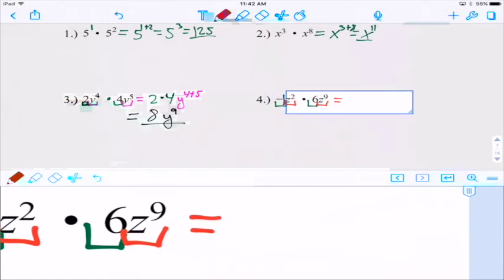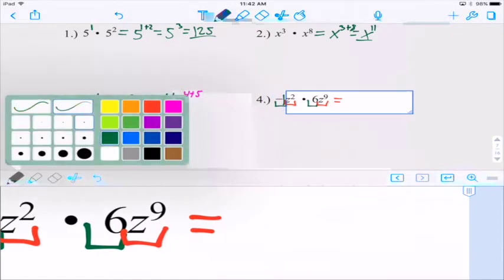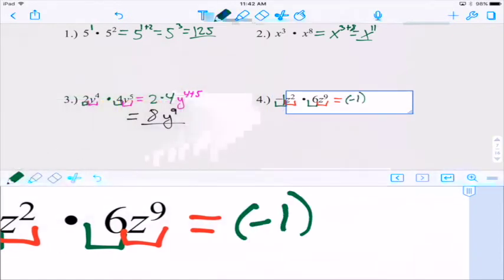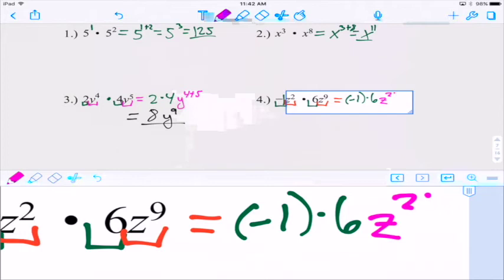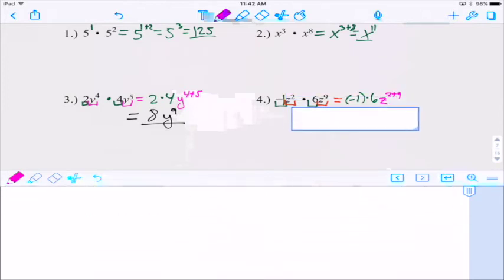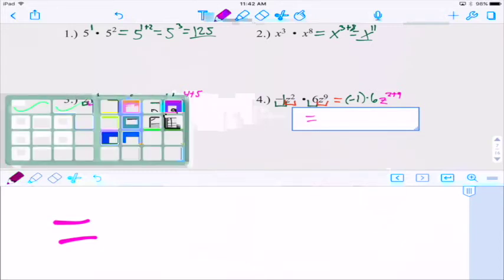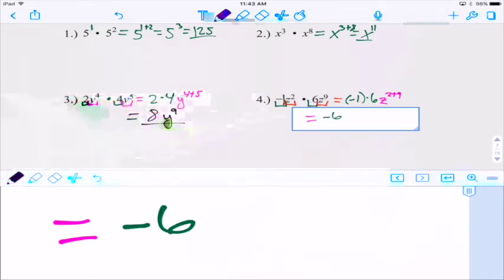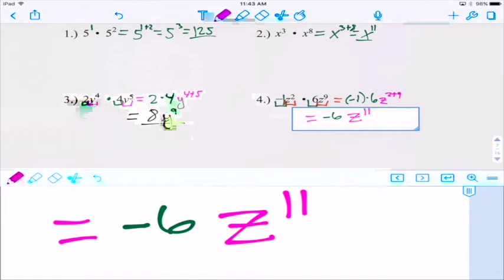So this means negative 1 times 6, and we've got z to the 2 plus 9. Okay, so what that means is I now have negative 6, right? Negative 1 times 6 is negative 6, and z to the 11th. All done. See, it's not that bad.